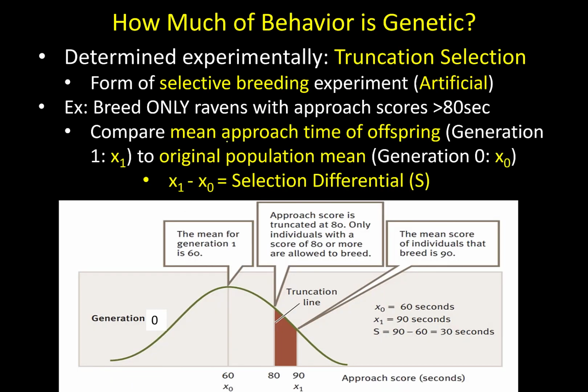We can determine how much of behavior is genetic actually using an empirical approach, right? This is actually a mix between a theoretical and empirical approach. We are going to be using a set of equations that were developed from a theoretical approach to ethology, but we're actually going to be collecting data to use with those equations, so that's how it becomes empirical.